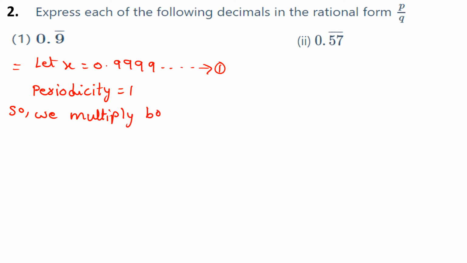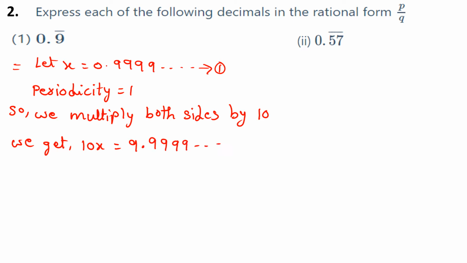So we multiply both sides by 10. Then we get 10x equals, when we multiply by 10 the point moves one step to the right, so 9.9999 and so on will come here.